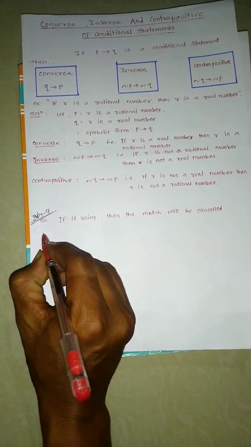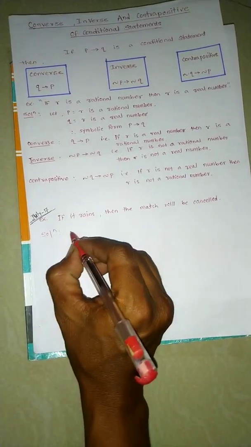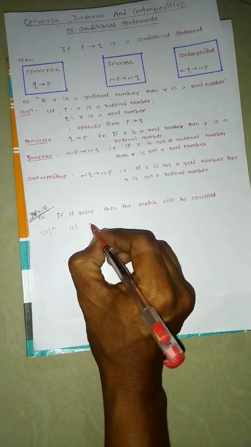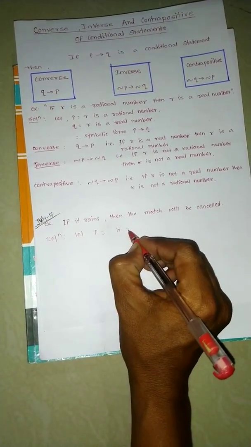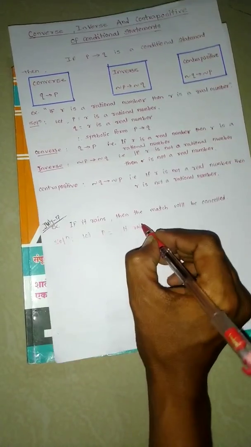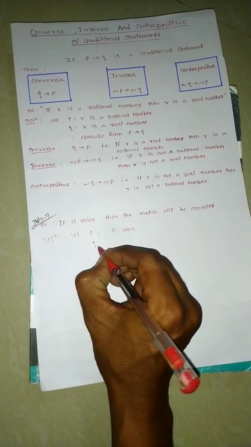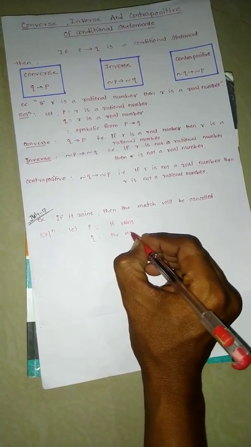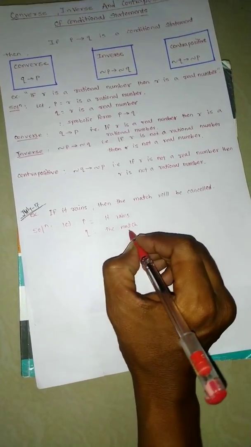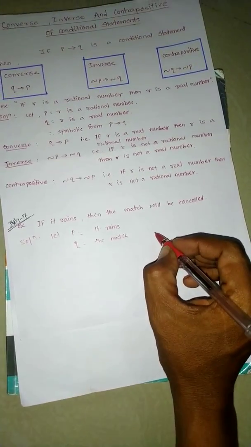Solution of this statement. Let P be: it rains, and the Q statement is: the match will be cancelled.